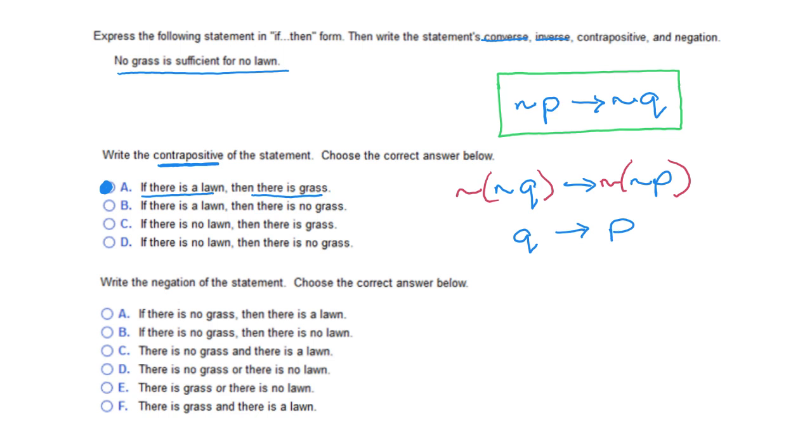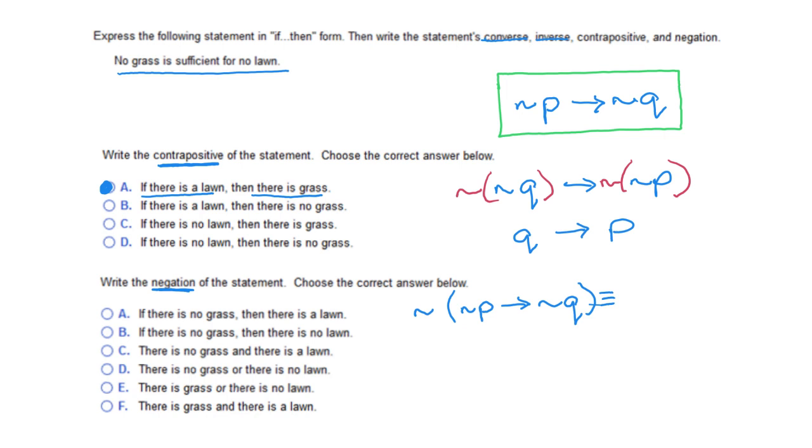Okay, and the last one we have is to write the negation of that original statement. So we'll take that original statement, if not P, then not Q, place it all in parentheses, and they want us to take the negation. Next, we'll write the equivalent form of the negation of a conditional.